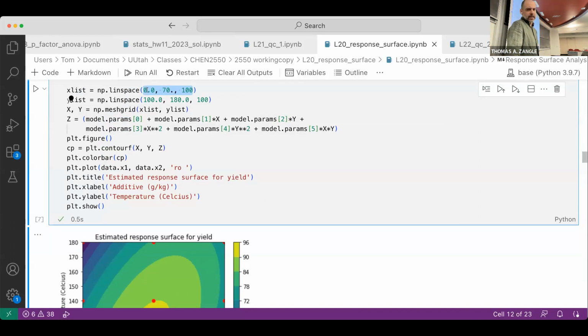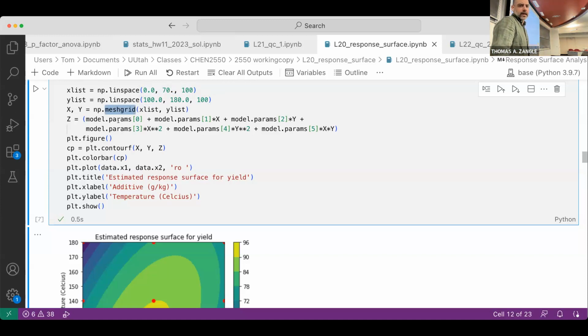So we're making a list of 100 X values from 0 to 70. That's for the additive, and we're making another list of 100 values from 100 to 180. That's for the temperature. What meshgrid does is turn that into a big mesh of all values.